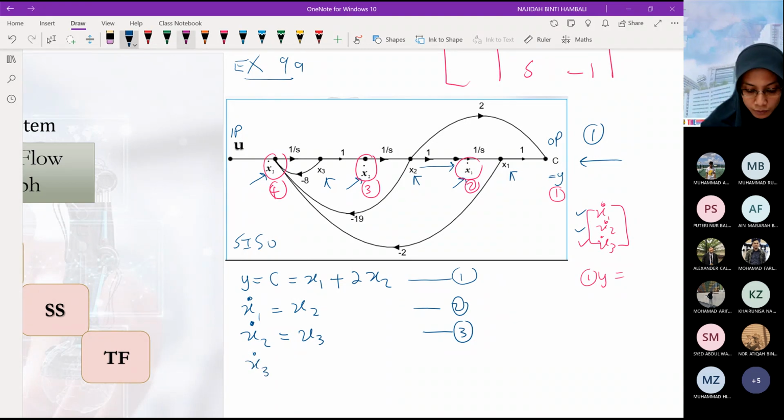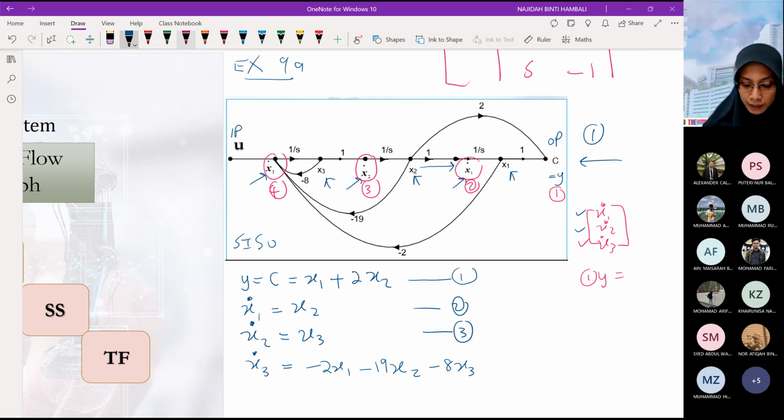X3 dot equal to, kita baca daripada X1, negative 2X1, lagi negative 19X2. Yes, lagi negative 8X3. Very good.